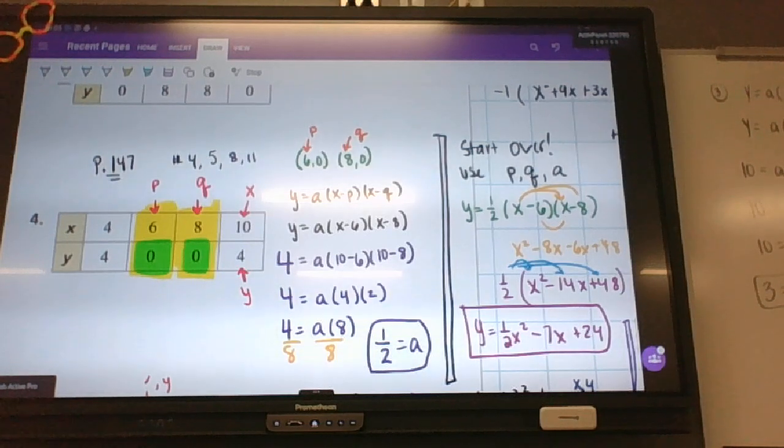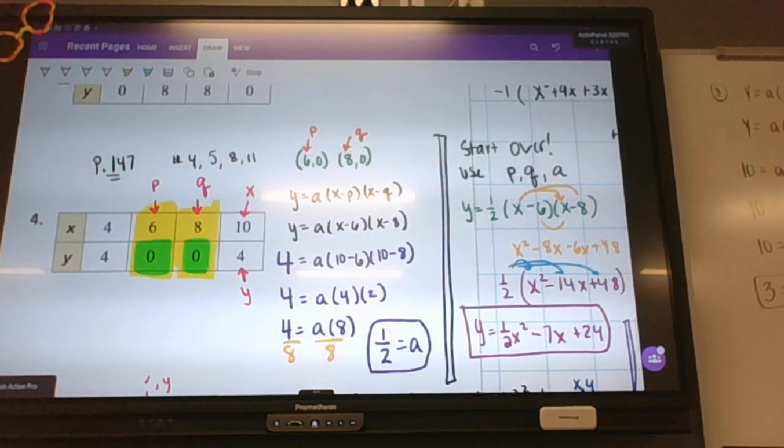Okay, if you're struggling with the distribution, when you do x minus 6 times x minus 8, did I show this window method yesterday? This was brand new in your textbook 2 years ago. We started showing you this in Algebra 1. You would do x minus 6 and x minus 8 up top, like a Punnett square in biology. And students really like it. So I do x times x and get x squared.